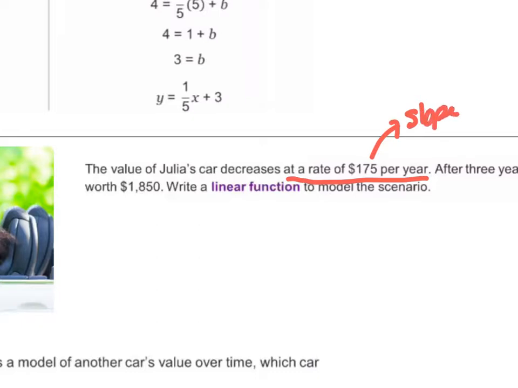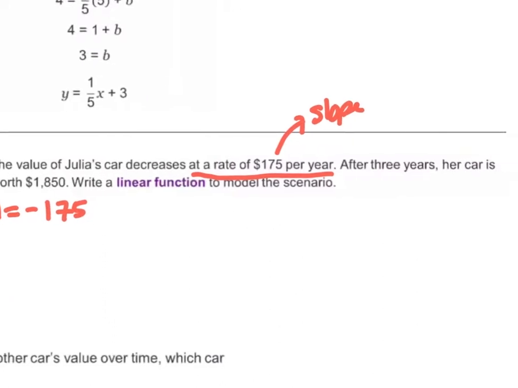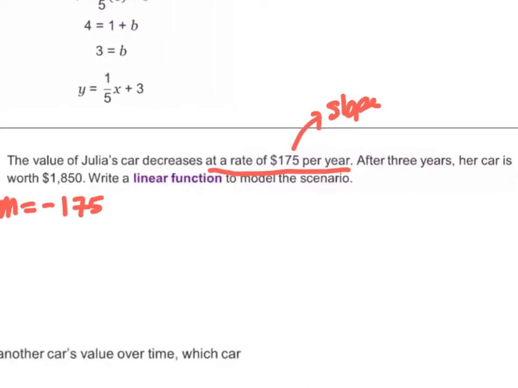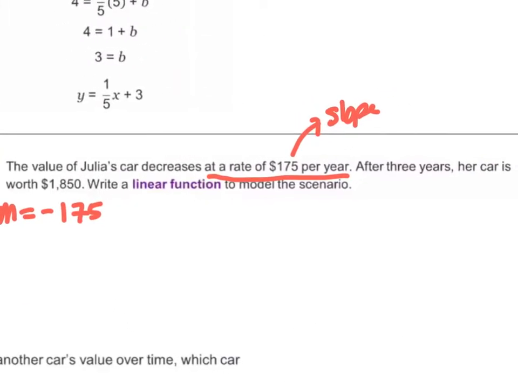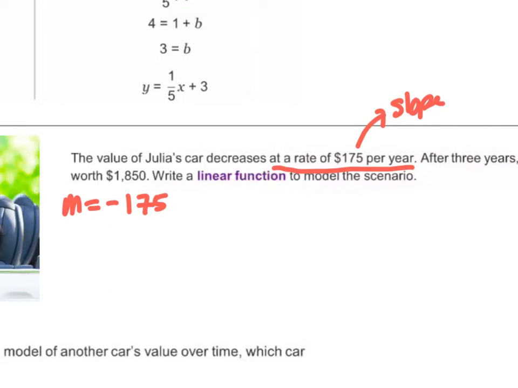Okay? So I know that my value for m is equal to negative $175. Now, after 3 years, her car is worth $1,850. What that gives me is that my x value is equal to 3, and my y value is equal to 1,850.